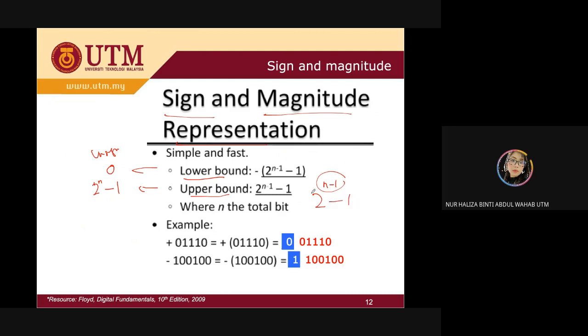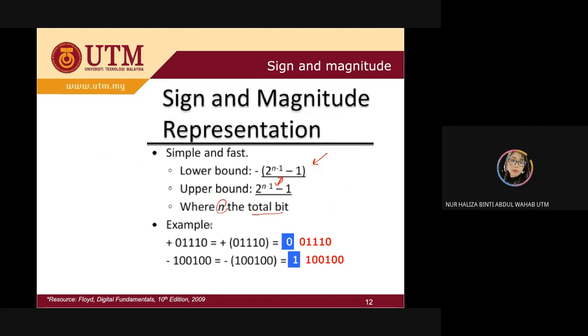You can see for unsigned, you only have an n here without the minus 1. But when you apply it for signed, you have minus 1 here. That is the only difference. For the lower bound equation, you need to put a negative, and for the upper bound, there is no negative in front. And n is the total bits that will be given.